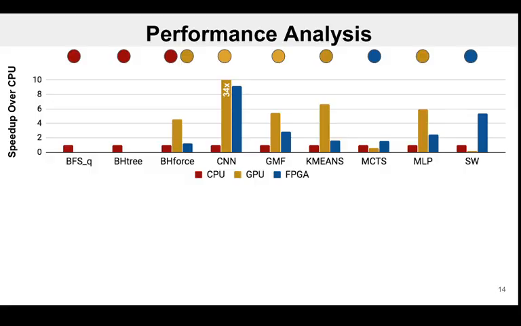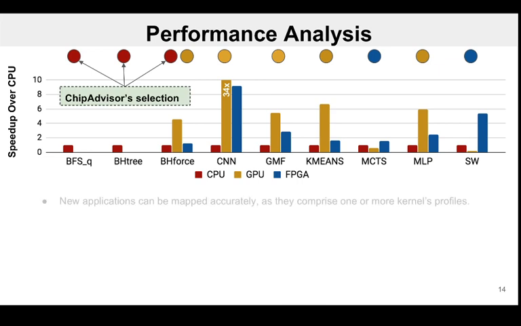Here is the performance analysis result for the testing kernels. The y-axis shows speedup over CPU, and the circle shows ChipAdvisor's selection. As we see here, ChipAdvisor can accurately predict best performance for new applications that it has never seen before.